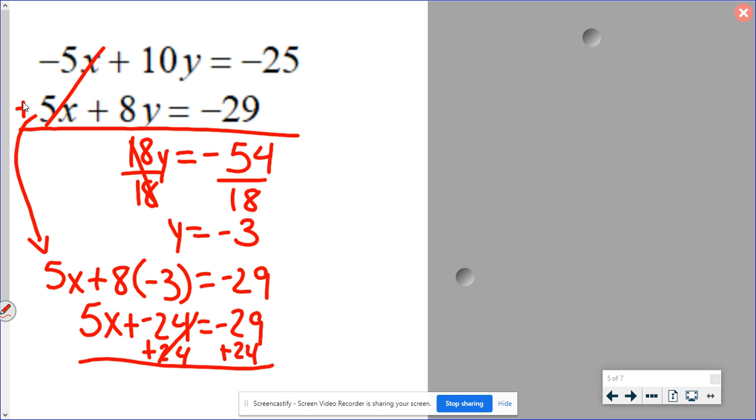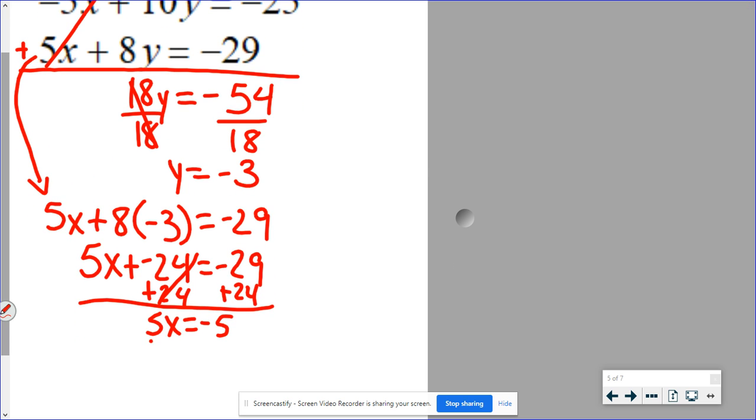So I get 5x equals negative 5. We're running out of space. So the x is going to be negative 1. So my ordered pair, the x and then the y, the x was negative 1, the y was negative 3.